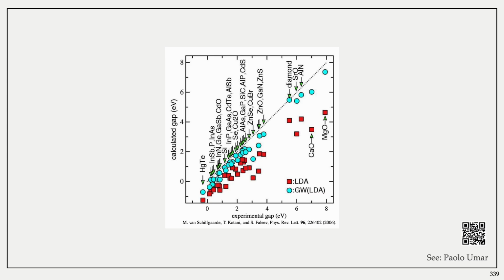Interestingly, if you look at the legend of this plot, the circle in cyan is GW, with LDA in parentheses, which basically says that GW is a perturbation over the LDA result. Many studies have shown that whether you start from GGA or LDA doesn't make a huge difference in your GW band gap. Again, beyond the scope of this.